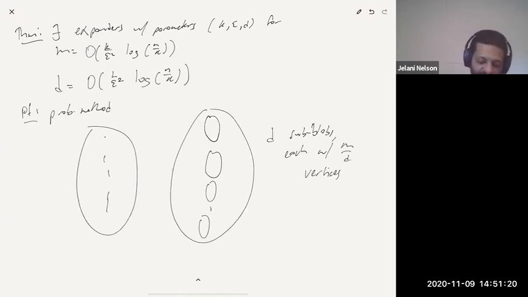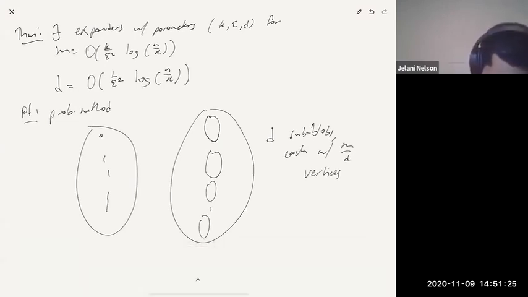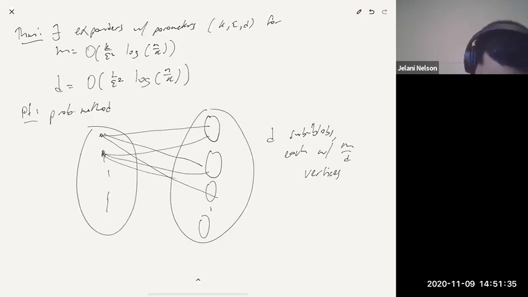And then you just pick a totally random graph. Each guy on the left has one neighbor chosen at random in each subblob. So one random neighbor here, one random neighbor here, one random neighbor here. Same thing here. And then you just prove that it has the property you want with high probability by a union bound.